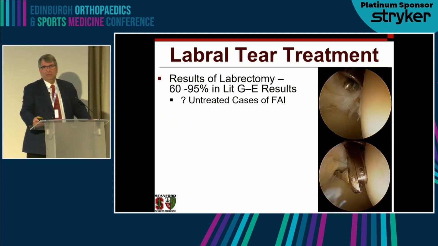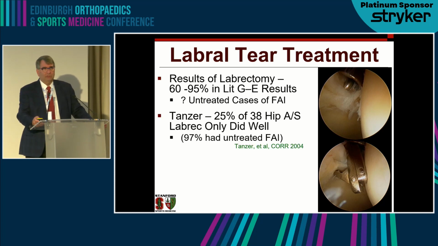When you look at the literature from the 90s, before we had ever heard of FAI, at least in the States, 60 to 95% of individuals that had arthroscopic labral surgery had improvement. And so the question is, why only 60 to 95%? Most of those were in the 60 to 70% range. And maybe it was because there was untreated FAI.